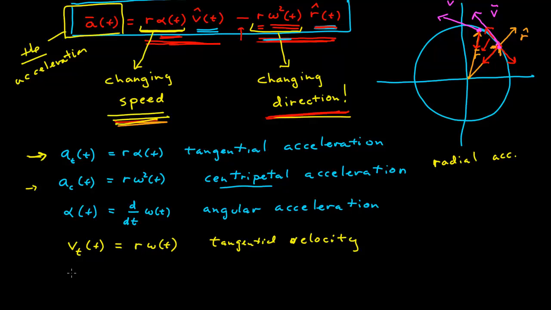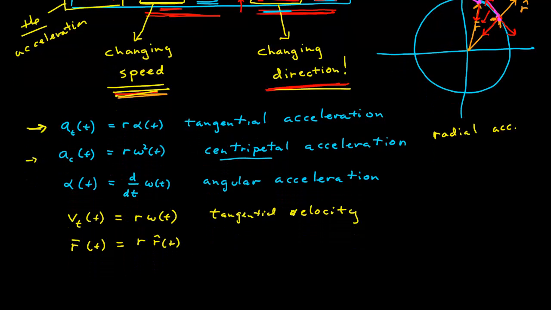And then, of course, there's the position vector itself, which is just the radius times the radial component. So the radius always points radially. The position function always points radially. The velocity always points tangentially.